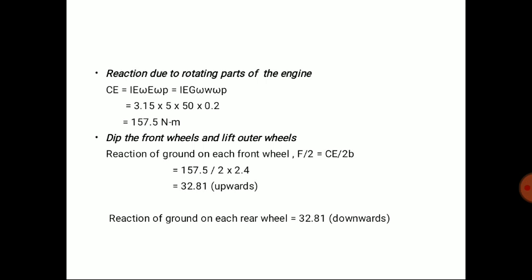When the action is clockwise, it will try to dip the front wheel and it will lift the rear. Clear? It is given in the question that the gyroscopic couple acts in the clockwise direction. So when viewed from the front, the effect is to dip the front wheel and lift the outer wheel. So the reaction on each front wheel will be F by 2.